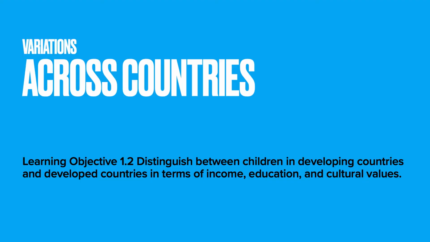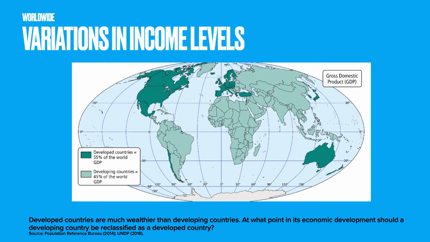All right, so if you look at variations across countries and cultures in terms of income, education, cultural values, you also see a lot of diversity, which can significantly affect child development, how the experience of childhood is, and what parental involvement in children are, as well as the economic impact of children.